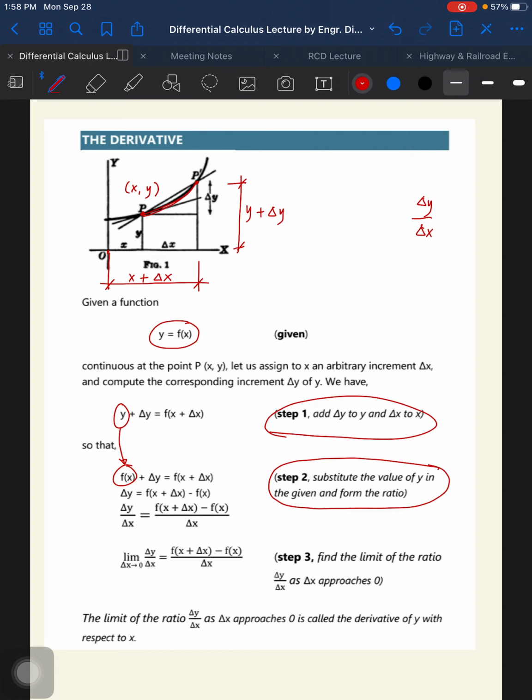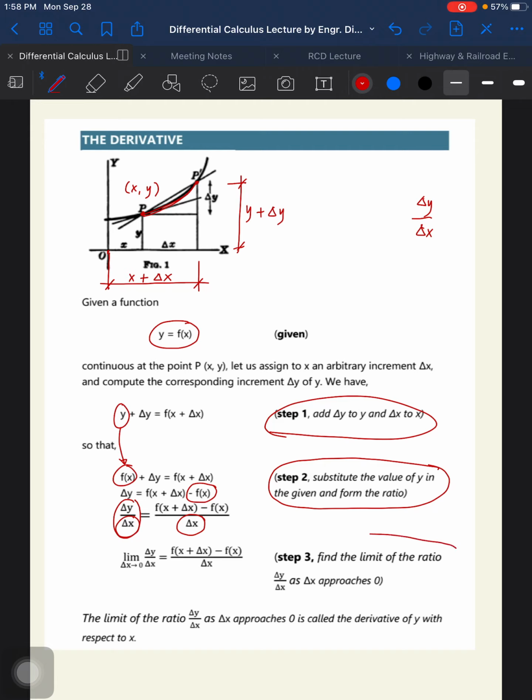Then the f of x is transposed on the right side of the equation. Now there goes your negative f of x. Then we form the ratio delta y over delta x. We put here delta x, therefore we put also delta x in your right side of the equation.